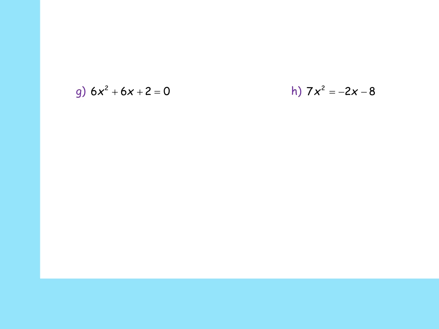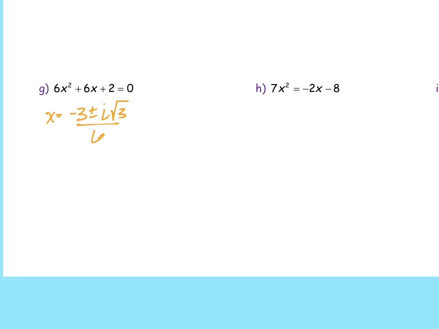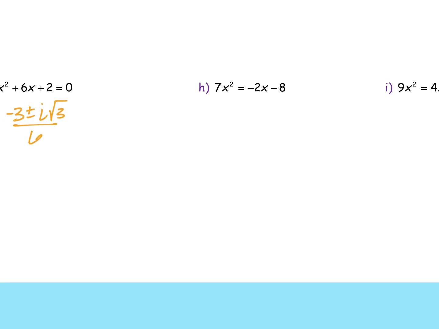G is x equals -3 plus or minus i square root 3 divided by 6. And H is going to be x equals, okay, -1 plus or minus i root 55 divided by 7.